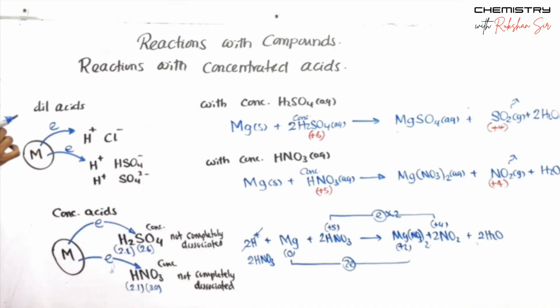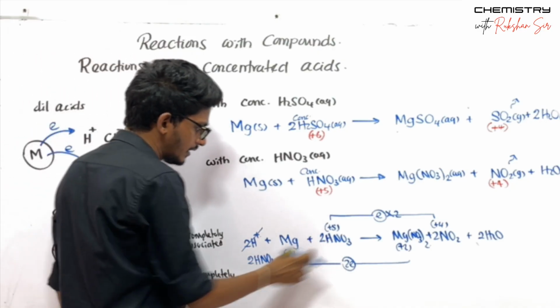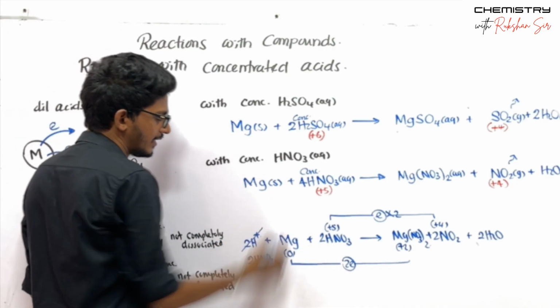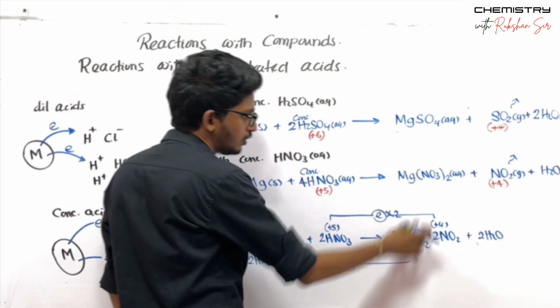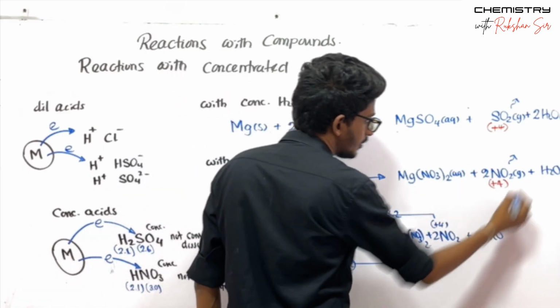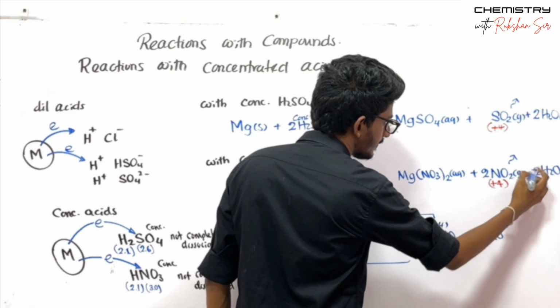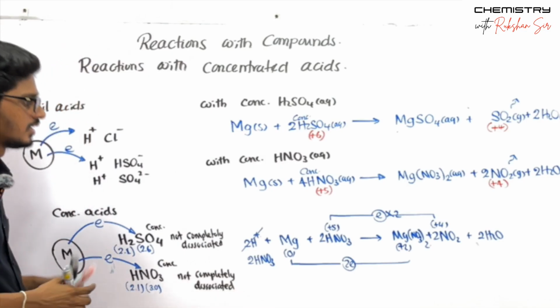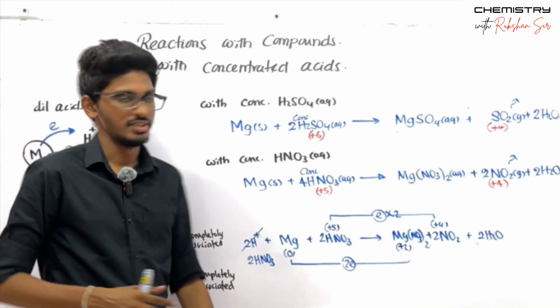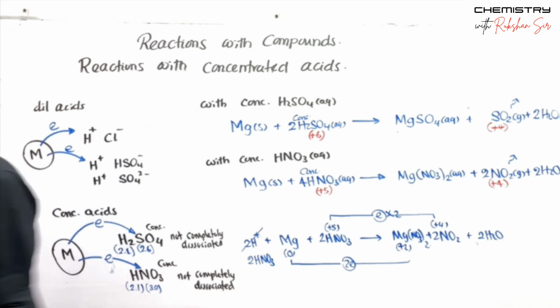So that is balanced. So 2 HNO3 plus these 2, altogether 4 HNO3 will react with the 1 magnesium and will produce magnesium nitrate, 2 NO2 and 2 water. This is how we are supposed to balance the stuff. Balancing is not that hard there. Okay, just complete the stuff now.